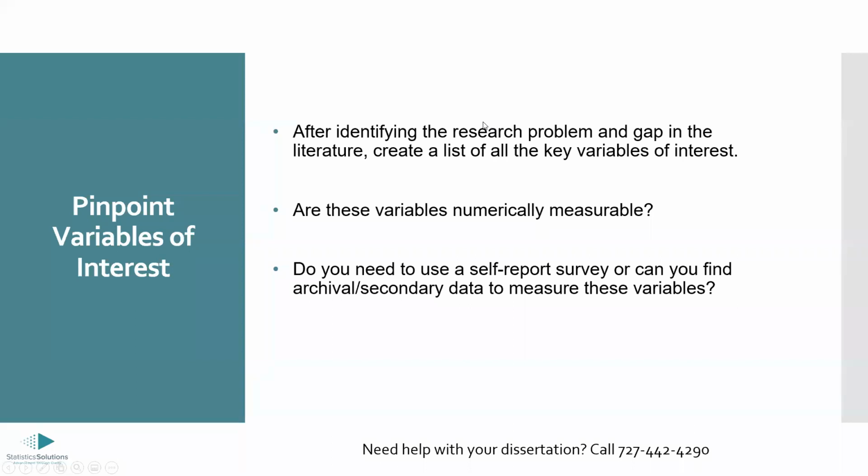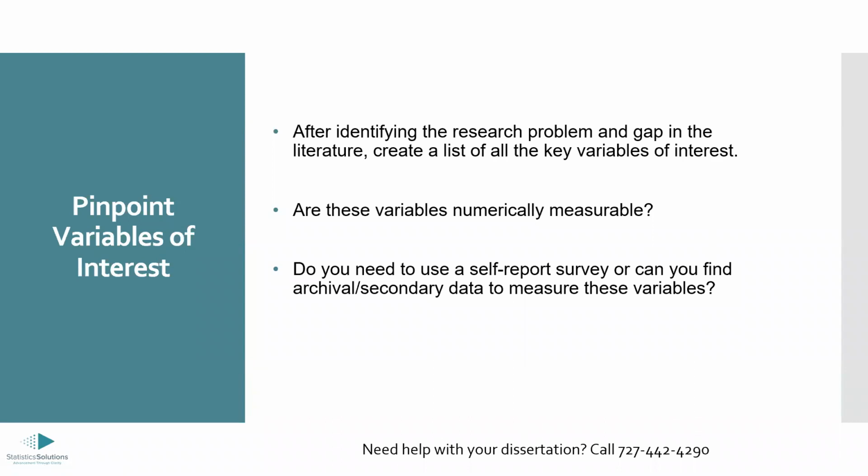After identifying the research problem, you then want to create a list of all the variables of interest. Now, this is assuming you've decided to go in a quantitative direction. We don't think a qualitative direction or a mixed method study is what we need. We just want to examine our variables quantitatively or statistically.